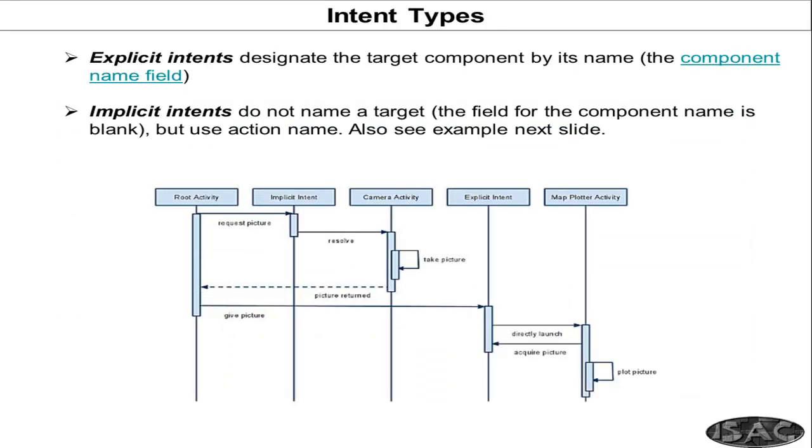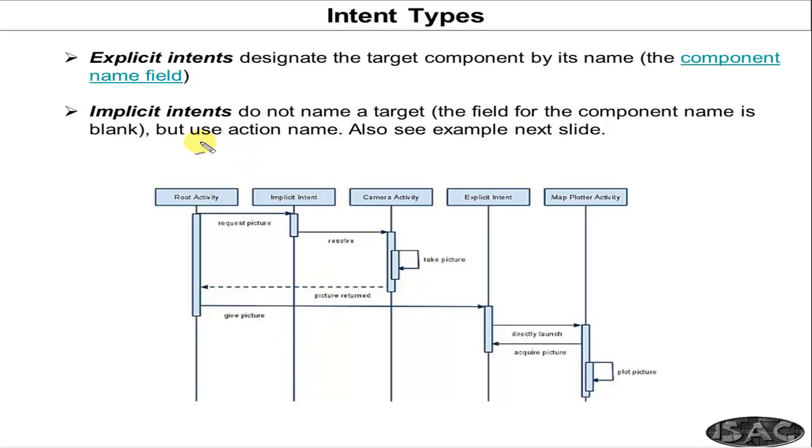Now as I have been explaining, there are two types of intent called explicit intent and implicit intent. Explicit intents designate the target component by its name, the component name field. Implicit intents do not name a target, the field for the component name is blank, but use action name for this purpose.